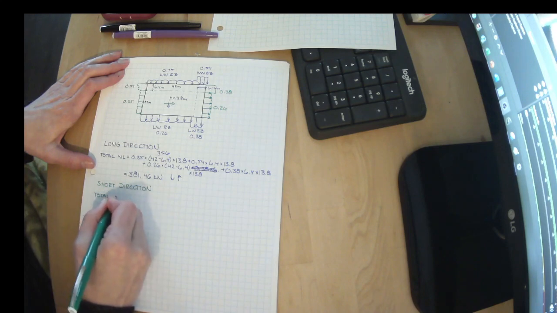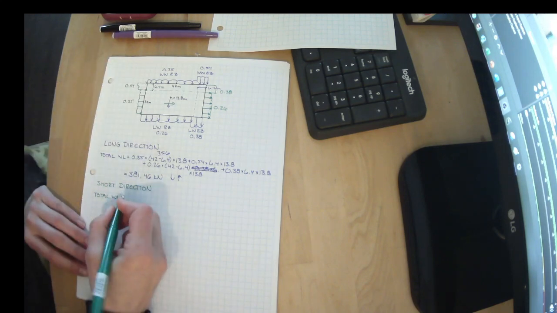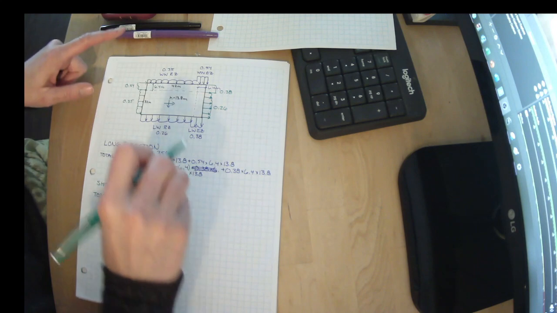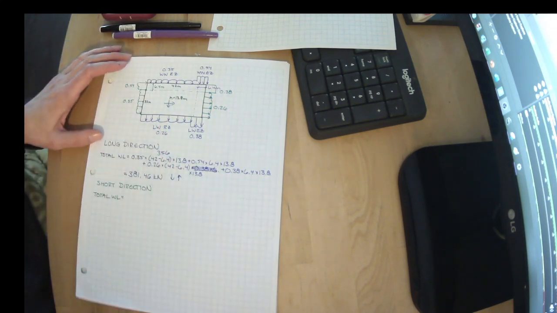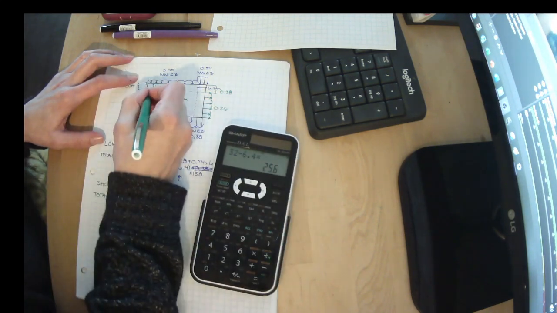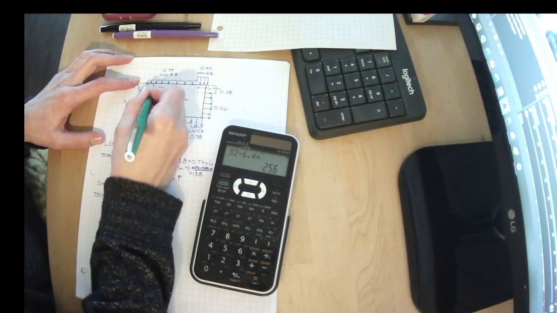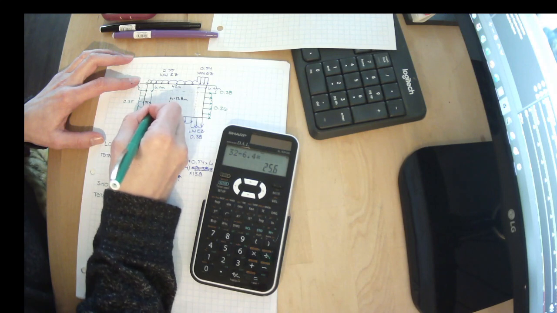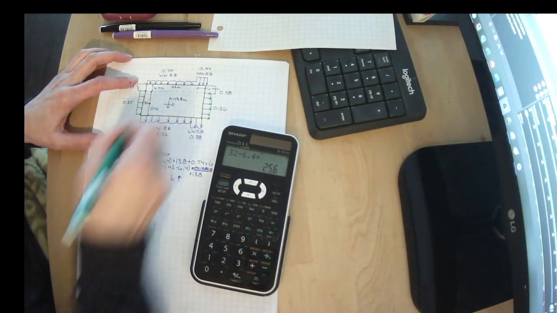So we want the total wind load. I am going to do this one right now, where we have 32 minus 6.4 is 25.6 meters right here.